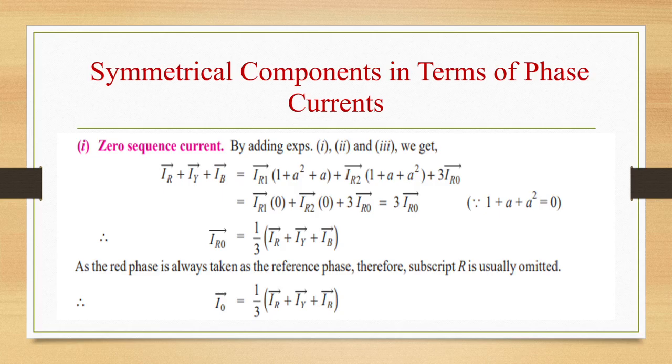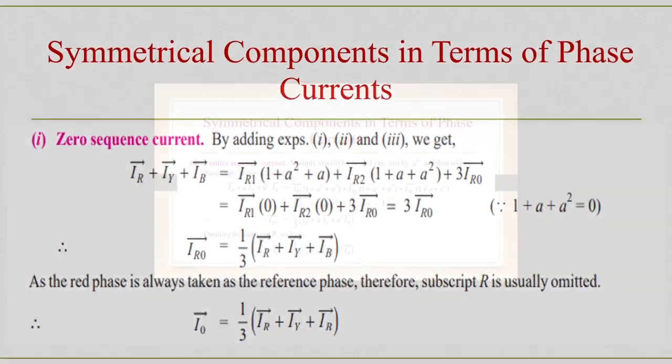So after adding all the three currents IR plus IY plus IB, we are going to get in the red phase the value of zero sequence current as 1/3 times (IR plus IY plus IB), or I0 is (IR plus IY plus IB) divided by 3. So this is for zero sequence current.